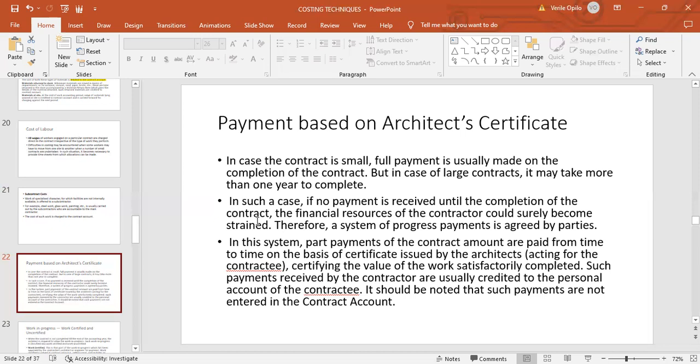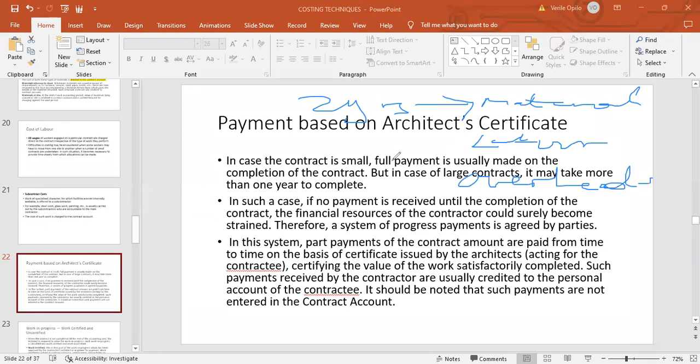The fact that you haven't completed doesn't mean that you are not paid. If a contract is going to last for, say, 5 years, or even just 2 years, you as the contractor are incurring expenses in terms of material, in terms of labor, and then the other expenses, which we call the overheads.